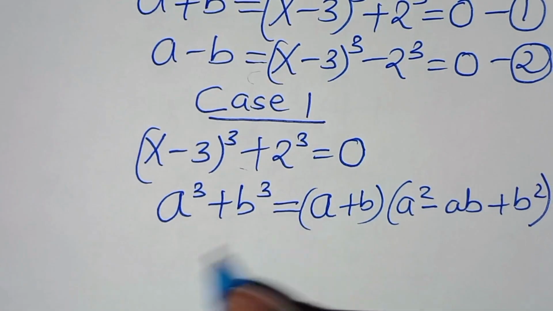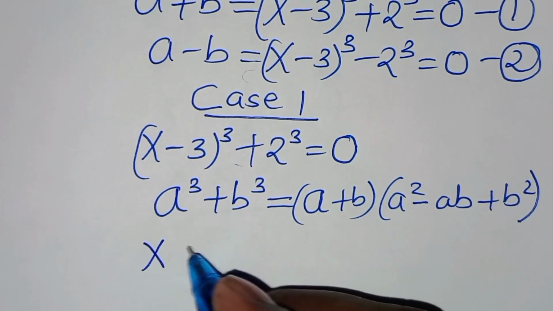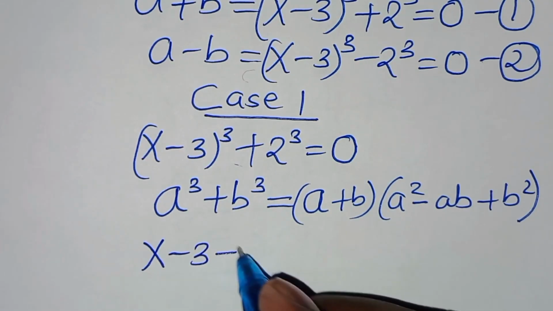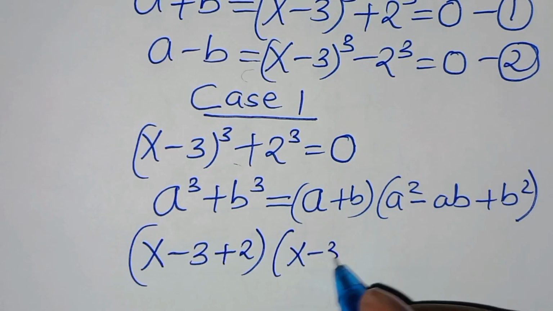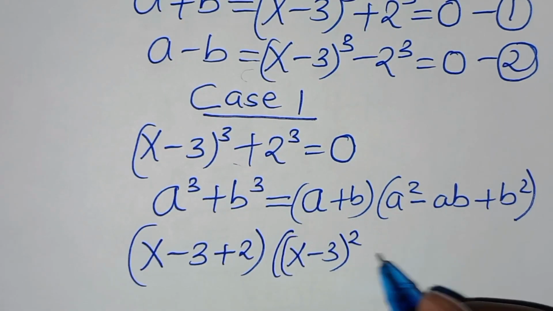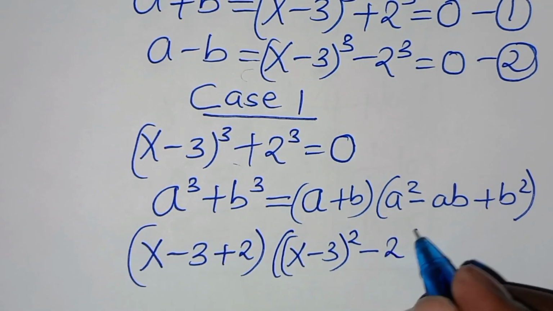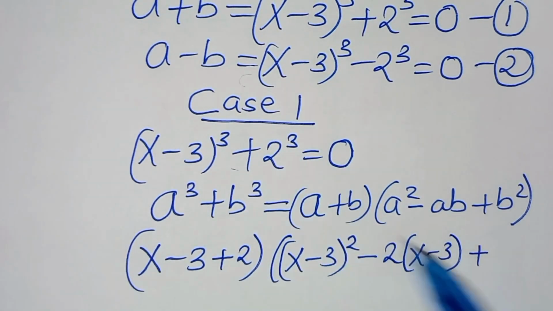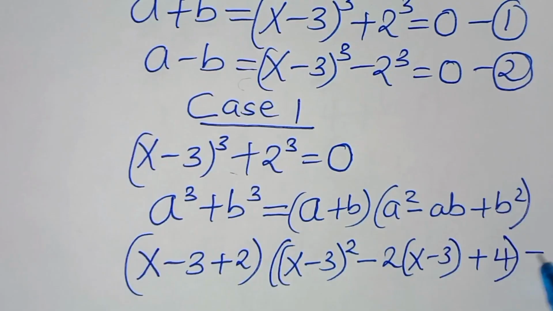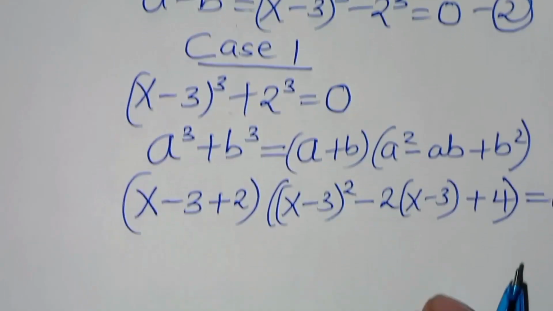Applying this property, here we have (x - 3 + 2) times ((x - 3)^2 - 2(x - 3) + 2^2, which is 4) = 0.